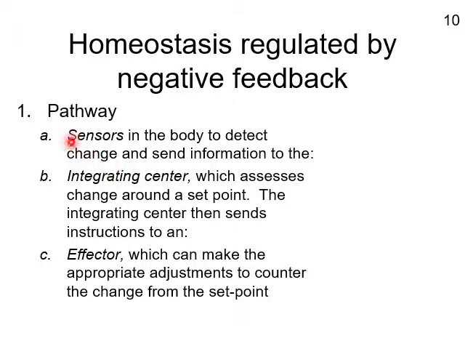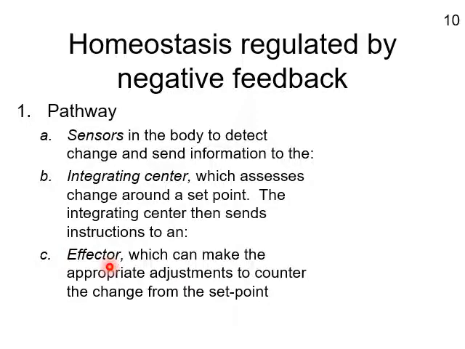So those baroreceptors send their information through the nerves to the areas of the brain, the integrating center, that's going to interpret it as, hey, blood pressure is going off. The integrating center can interpret this information from the sensors and send out an instruction. In this case, we'd send out through the neurons instructions to an effector.